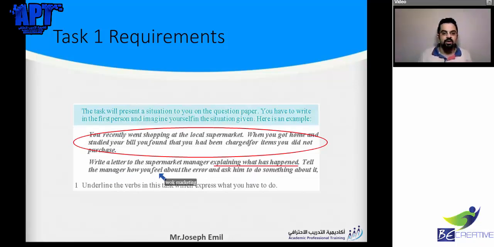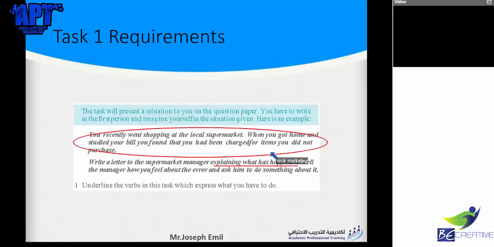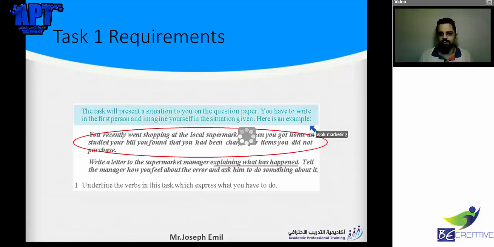Then tell the manager how I feel about this. All right. Oh, I feel upset. I feel like I've been scammed. Of course, try not to use very harsh words.